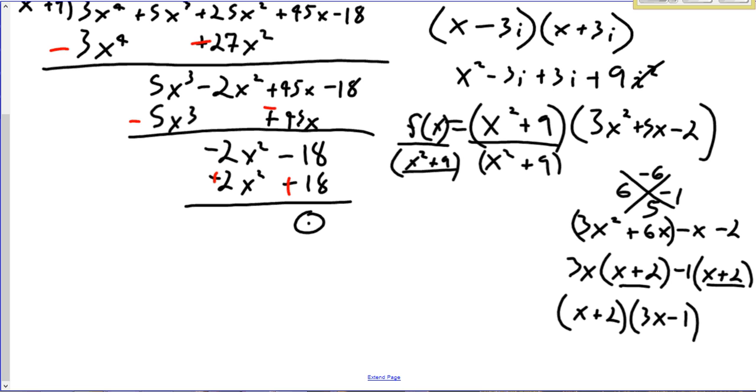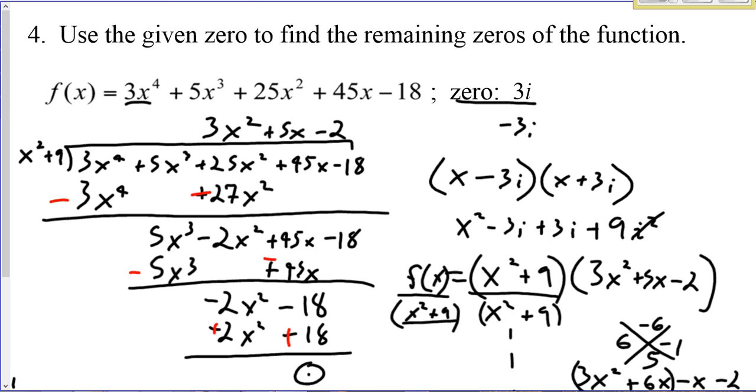And this drops down as x squared plus 9, and this is equal to my f of x. To finish this off, I need to make sure I write the zeros. I know I had the conjugate, minus 3i.